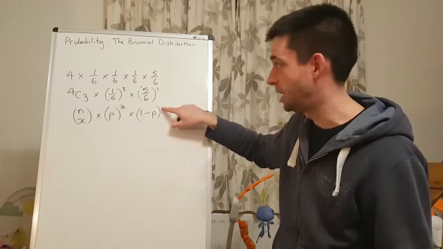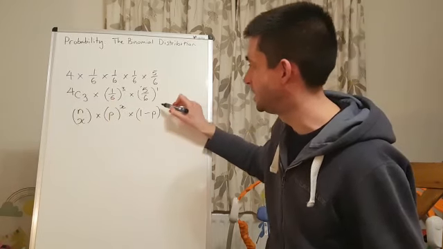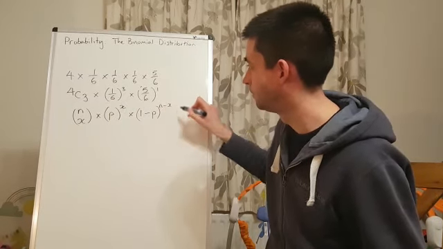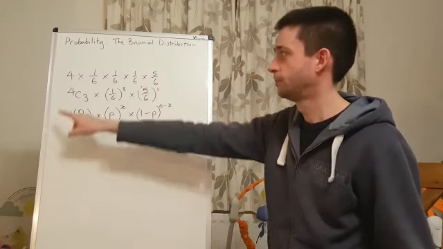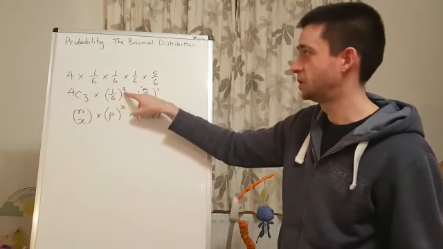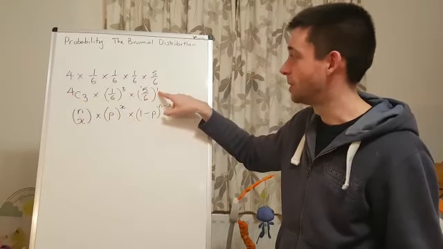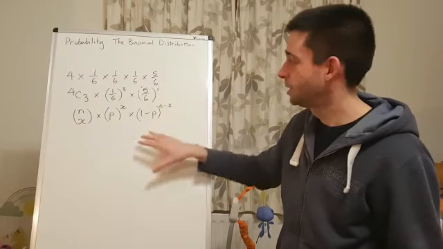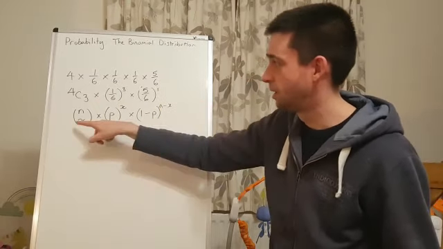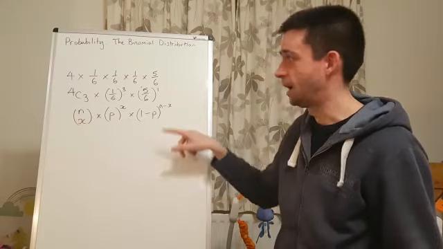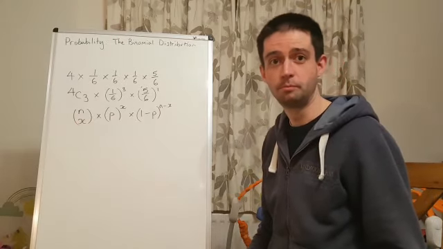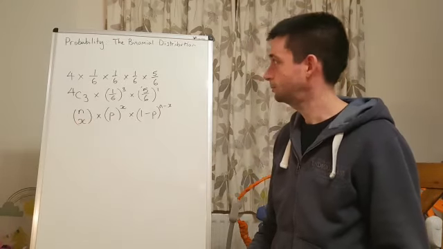And the power that goes on here is whatever's needed to make up to n. So we had 4 attempts, we succeeded on 3 occasions, we must have failed once. So this is a general formula for finding probabilities using the binomial distribution.